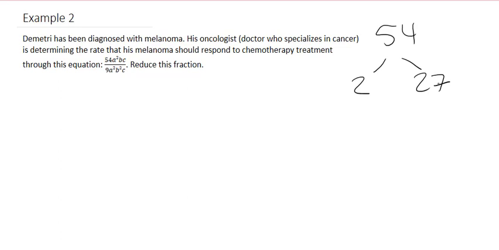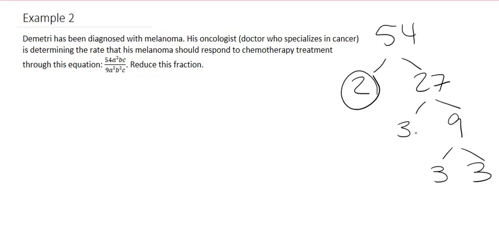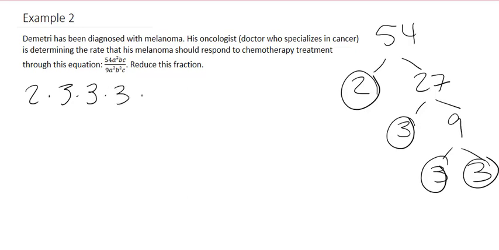Now 27 can be broken down into 3 times 9, which is 27. 9 can be broken down into 3 times 3. So here we are with our 4 numbers that are prime numbers. So let's take that back and write it all out for the top. So we have 2 times 3 times 3 times 3.